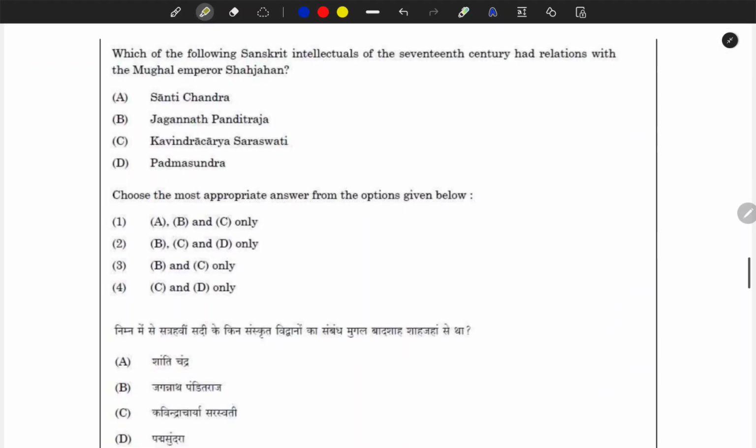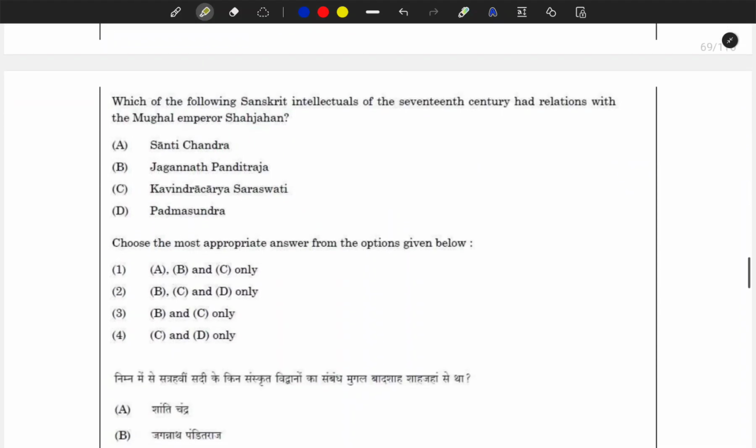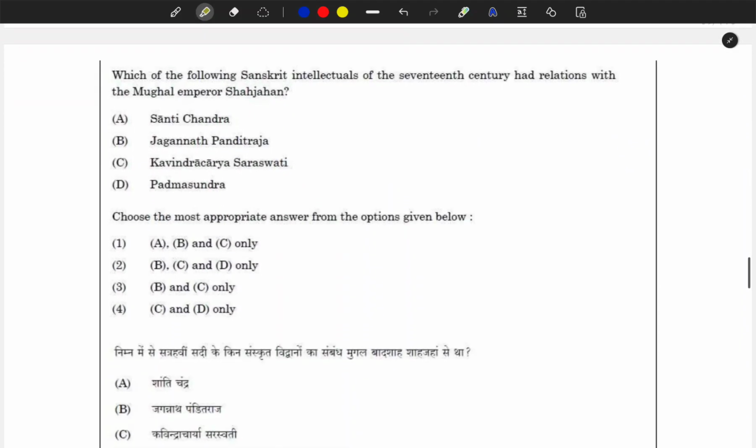Here you see, which of the following Sanskrit intellectuals of the 17th century had relations with the Mughal emperor Shah Jahan? This is also a pure fact. Jagannath Pandit Raj, I knew about this person.